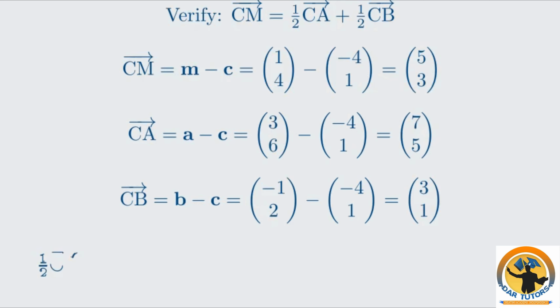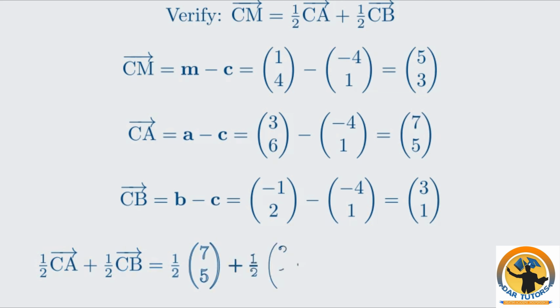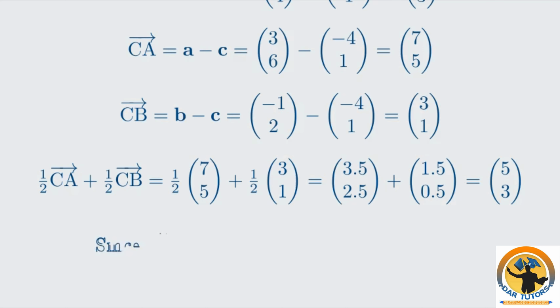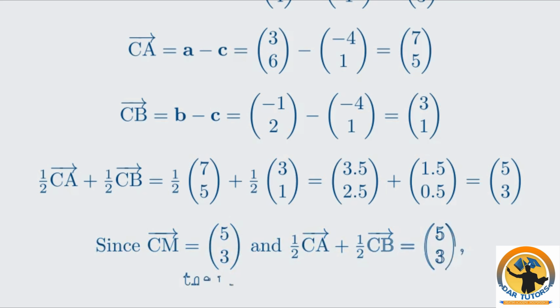Now we can calculate the right-hand side. 1/2 CA plus 1/2 CB is 1/2 times (7, 5) plus 1/2 times (3, 1). This is (3.5, 2.5) plus (1.5, 0.5), which equals (5, 3). Since both sides are equal to (5, 3), the identity is verified. This identity is a vector form of the midpoint theorem.